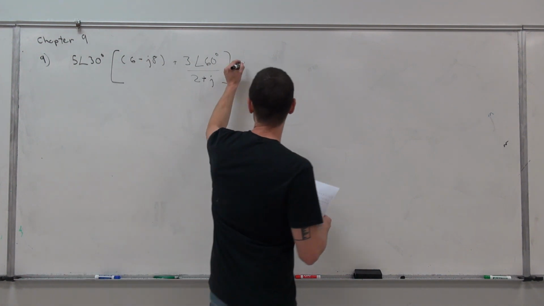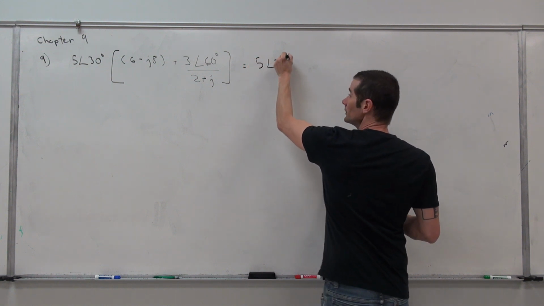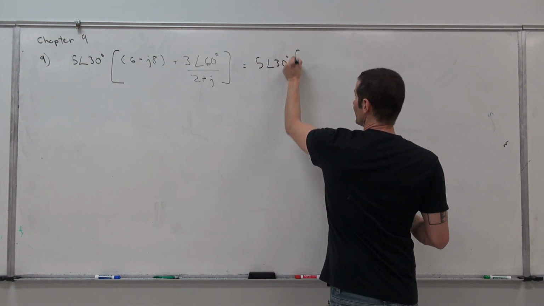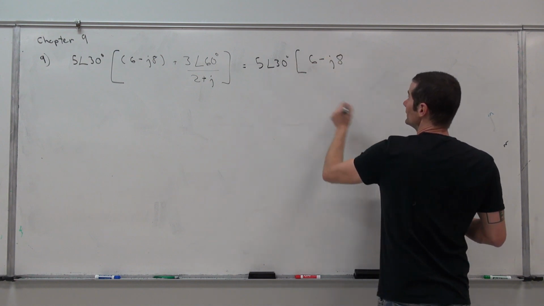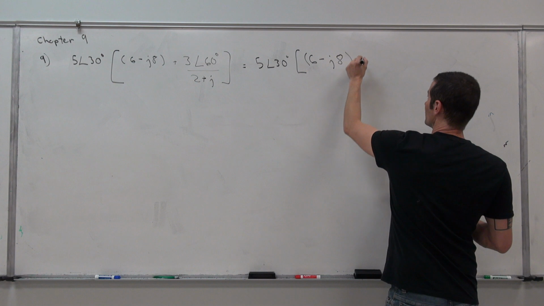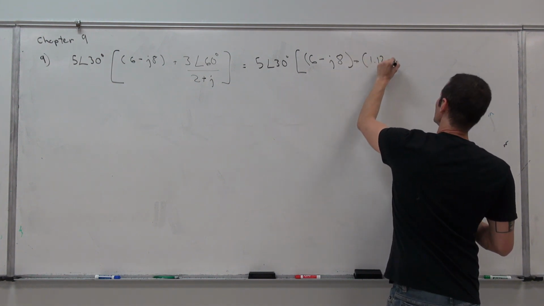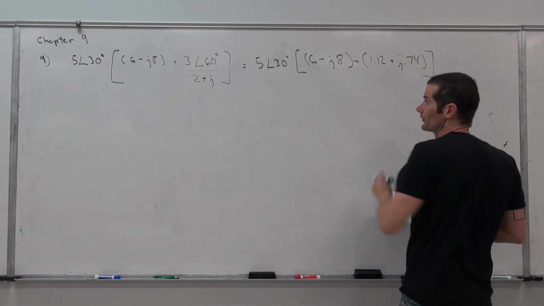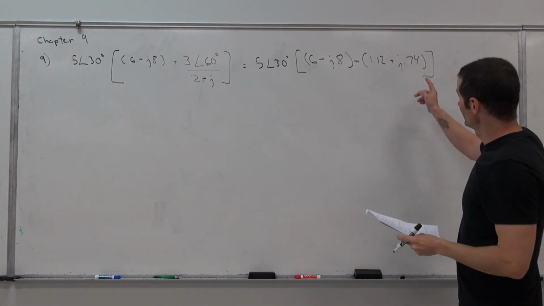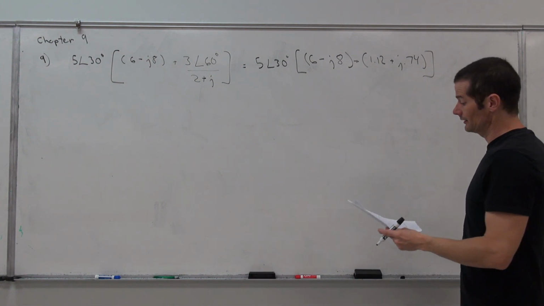So this is equal to 5 at an angle of 30 degrees, multiplied by 6 minus j8, plus 1.12 plus j.74. From here, we can add the rectangular forms, and then convert that into its polar equivalent.